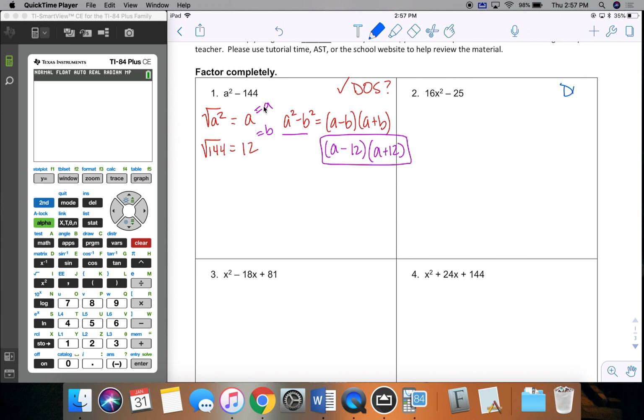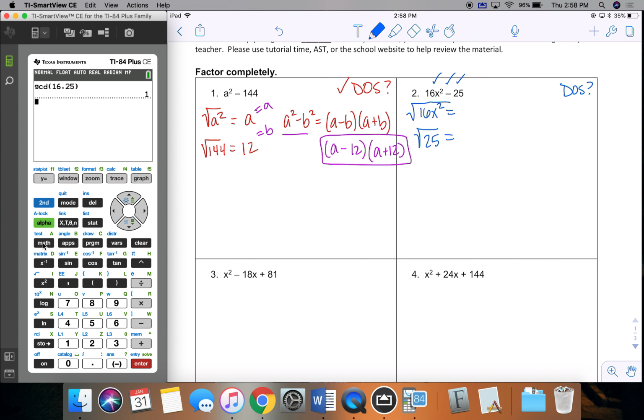Problem 2 also only has two terms, so I'm looking to see if this is a difference of squares. Also, because this one has a number in front, I need to check for a GCF, so I'm going to click Math number 9, and I'm looking between 16 and 25, so I type those numbers in, no signs, and there is no GCF. So difference of squares has to have two terms, has to have a subtraction, and you have to be able to take the square root of both terms.